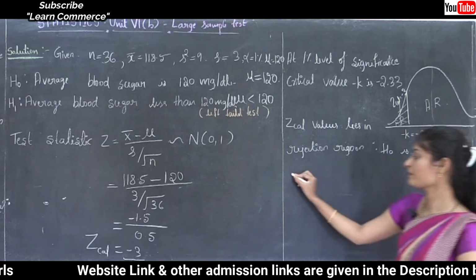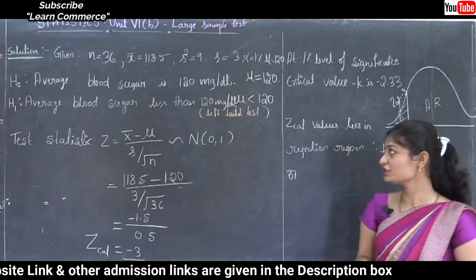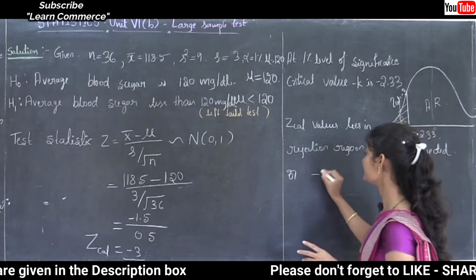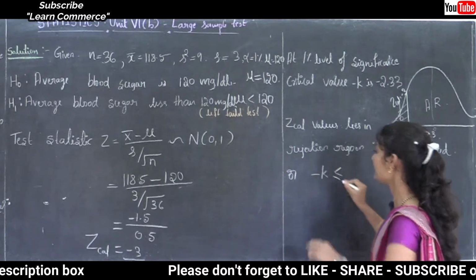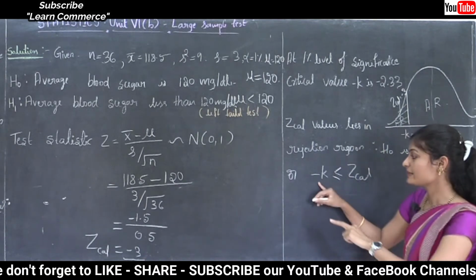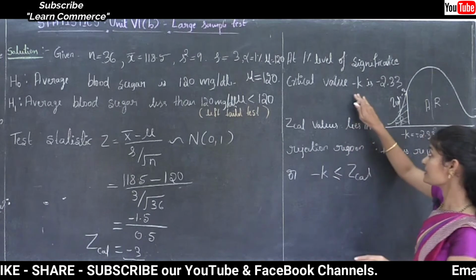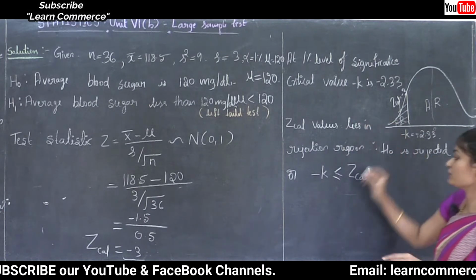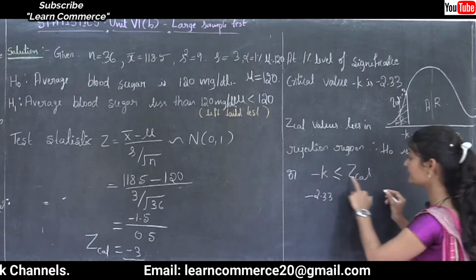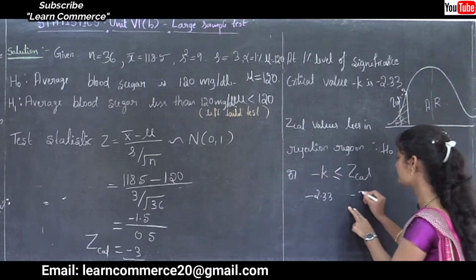Or we know the condition of the left tail test. In the left tail test the condition is like this: minus k less than or equal to calculated value. Here minus k, that is the critical value or table value, is minus 2.33 and the calculated value is minus 3.